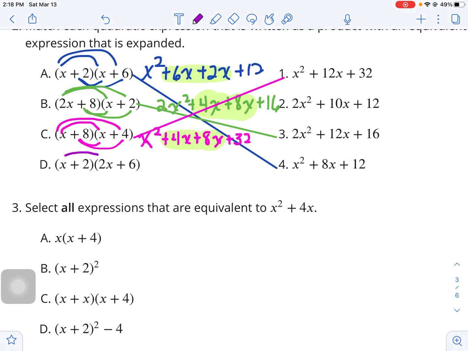x plus 2. X times x is 2x squared, or x times 2x. X times 6 is 6x. 2 times 2x is 4x. And 2 times 6 is 12. So just to make sure we're getting this done correctly, we have 2x squared plus 8x plus 12, which is, did I mess up here?